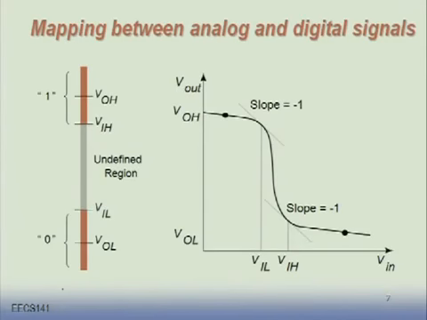Now, how much noise can we tolerate? The simplest metric is something that we introduced at the end of last time. What we said is that we would like to identify these 3 regions.